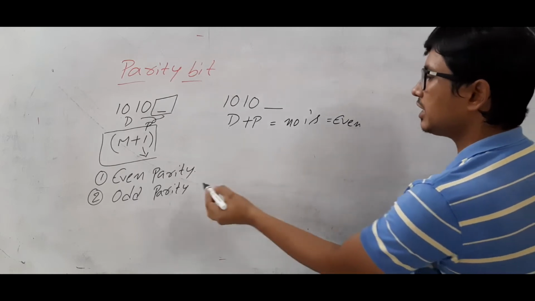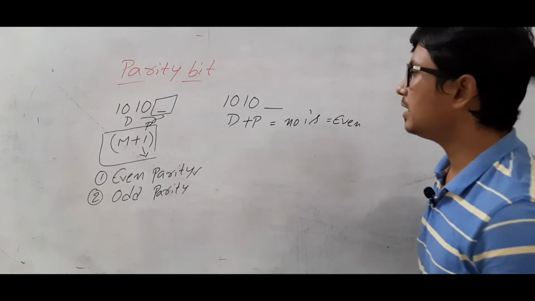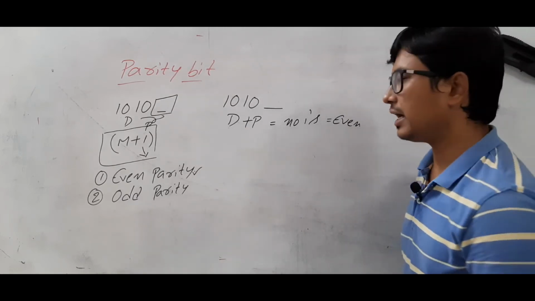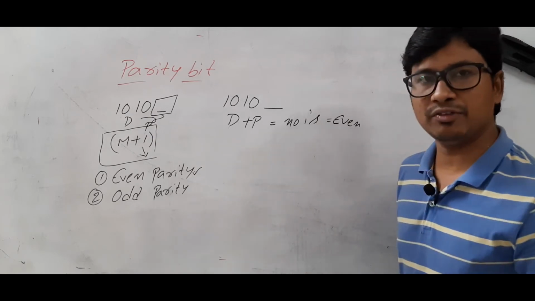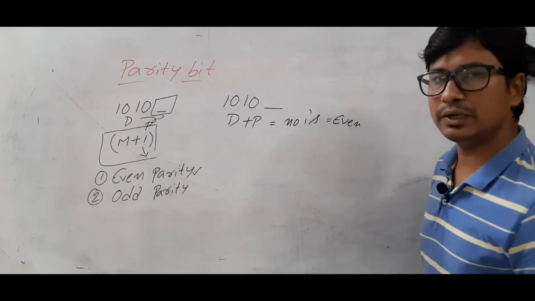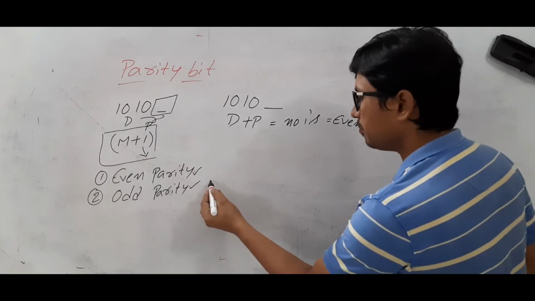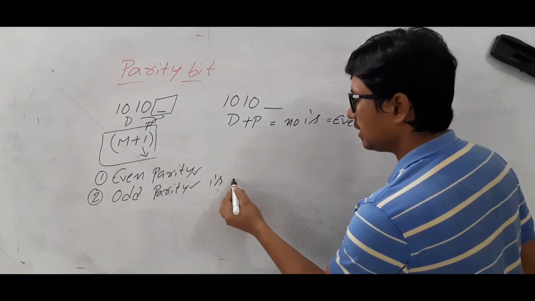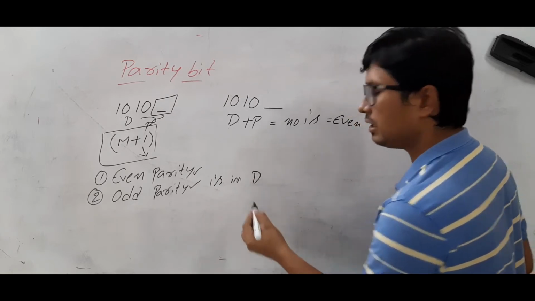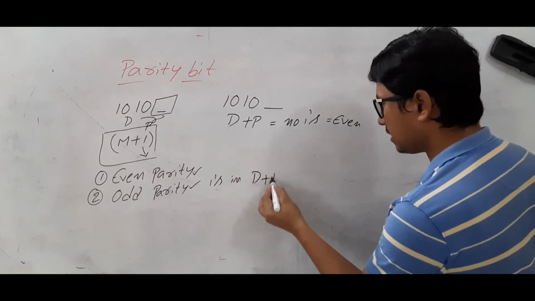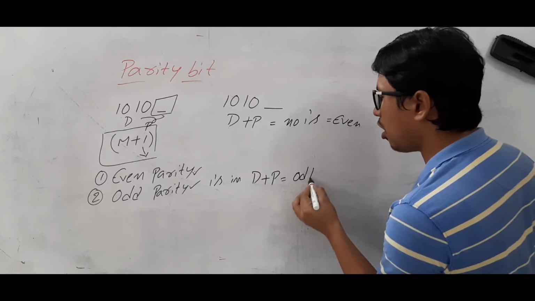If you are using an even parity mechanism, the number of ones in the data plus the number of ones in the parity should be even. If it is an odd parity mechanism, the number of ones in data plus parity should be odd.